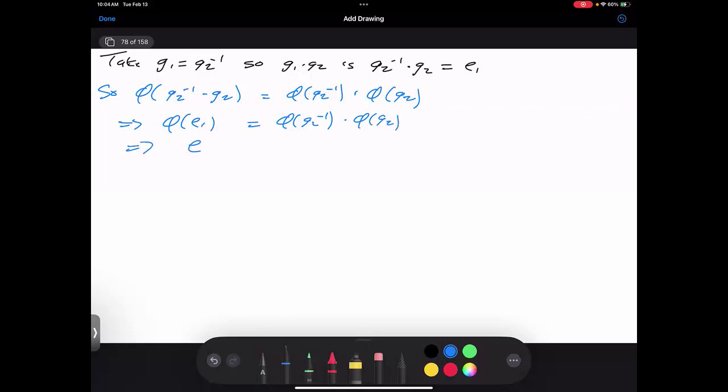So we get E2 is phi of G2 inverse phi of G2, multiply on the left by the inverse of phi of G2 inverse. So this is where you have to be careful how you say things. What do I want to do on the left? Let's multiply on the right.